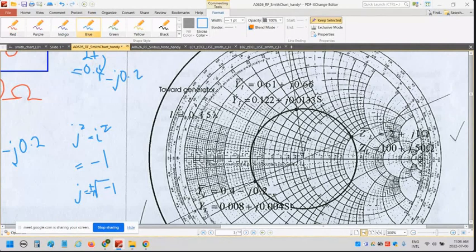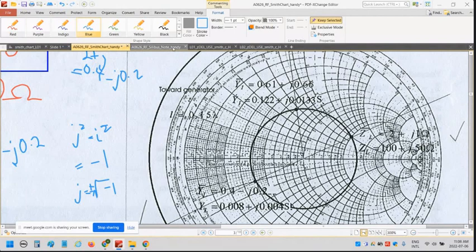You draw a straight line, one point here, one point at the center, and make it very long, touching this side and this side, because you want to read the scale. So you get 0.4 minus 0.2 j.